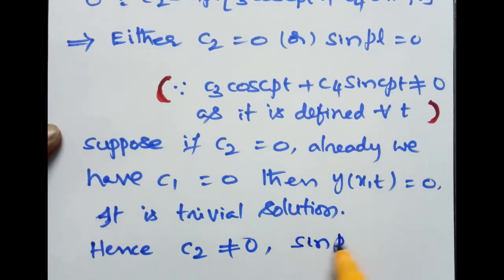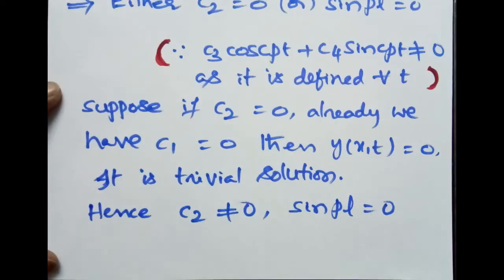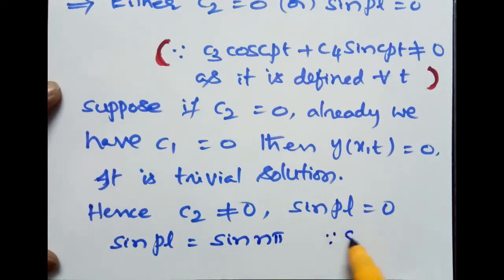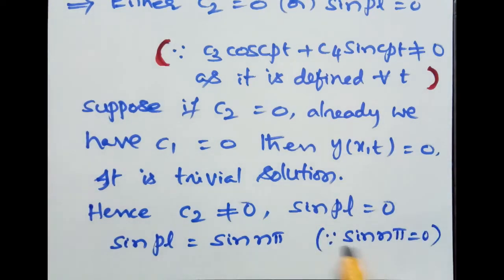Sin PL equal to 0. Sin PL equal to sin n pi, since sin n pi equal to 0 for any value of n. From this equality of trigonometric equations, PL is equal to n pi.